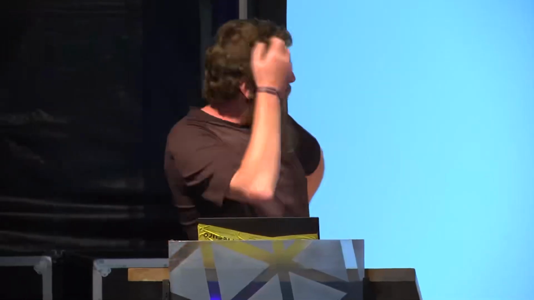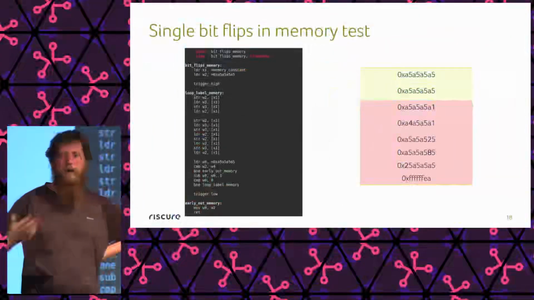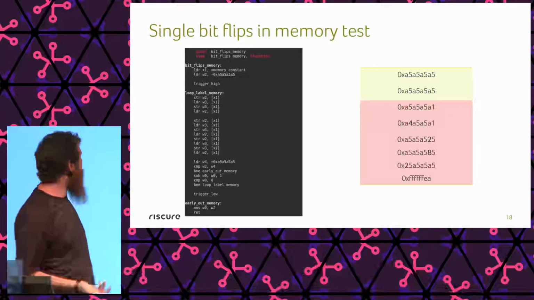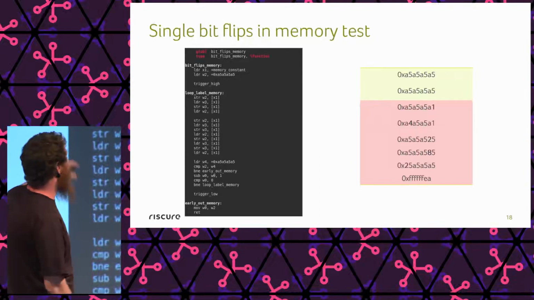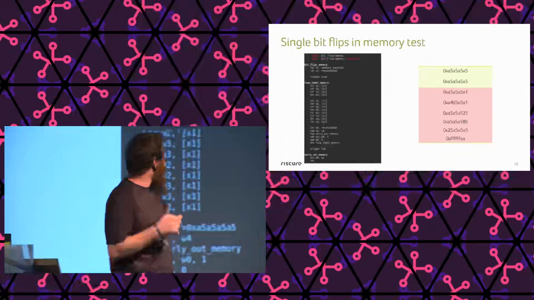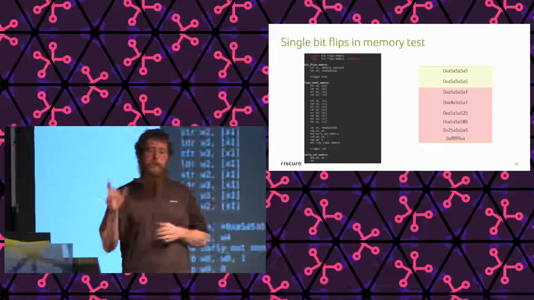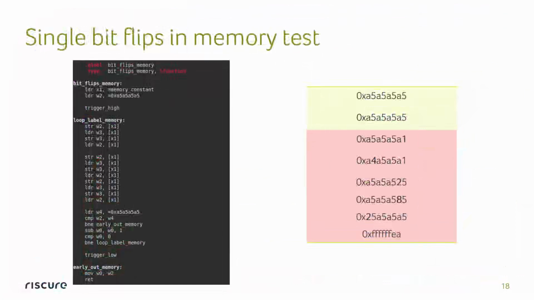So then if we wanted to go into a bit more detail, which we did, to be able to see more fine-grained effects and just to understand things better, one of the things we did is implement what you can see on the left here: a simple function in assembly, which will take a fixed known value that we can see up here, the A5, A5, A5, and just read it and write it to and from memory, and do nothing else.